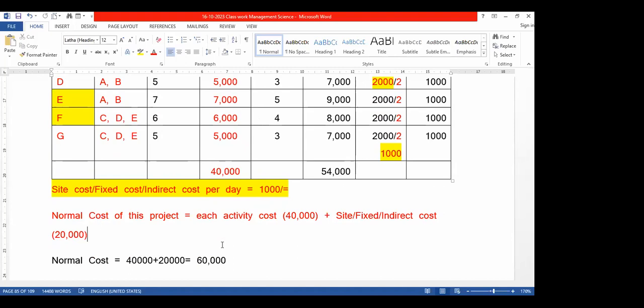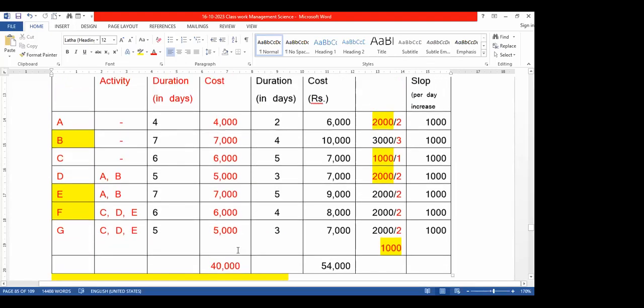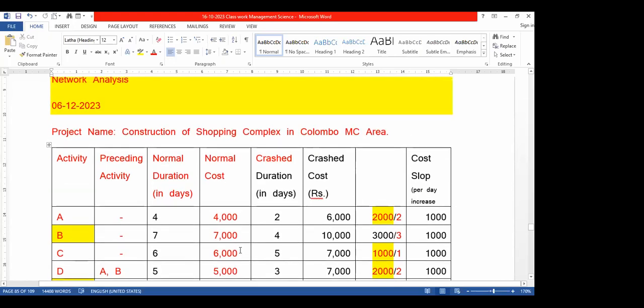Within the normal cost there are two cost components. One is the fixed cost, or indirect cost, or site cost. In this example, it is 20,000. In addition to that, there is a direct cost relating to each and every activity of the project. That is 40,000. So we add 40 plus 20 to find the normal cost of the project. This is basic, right?